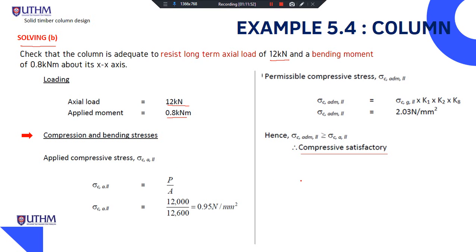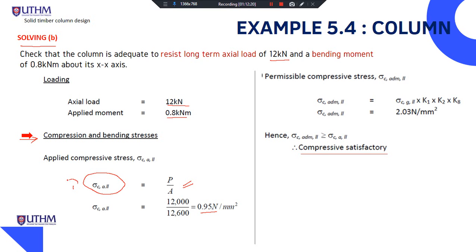Our compression and bending stress: first you need to calculate them. Our applied compression stress is equal to P over A, so it is equal to 0.95 Newton per millimeter square.